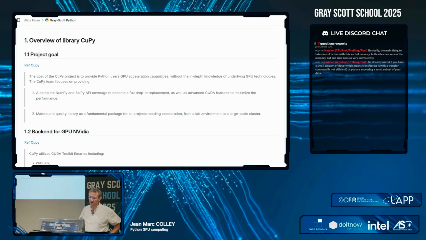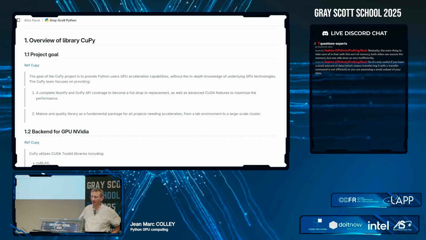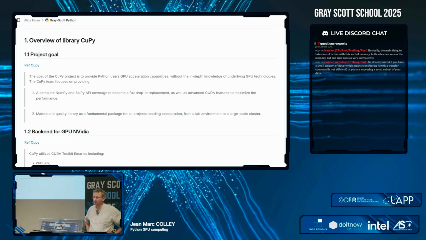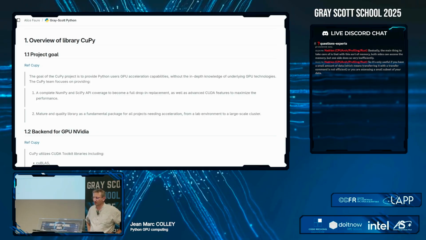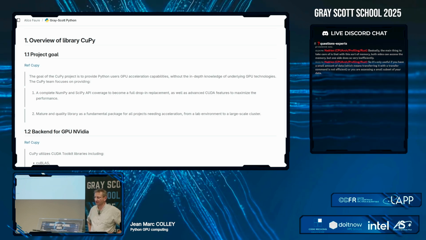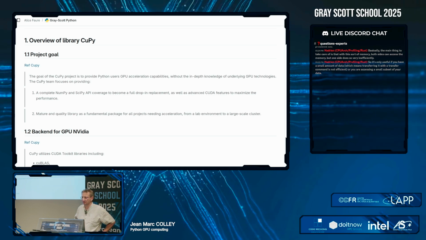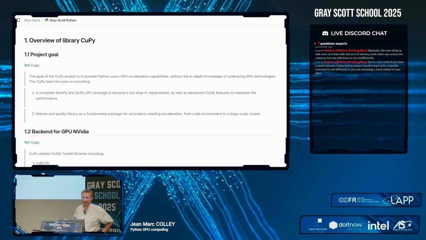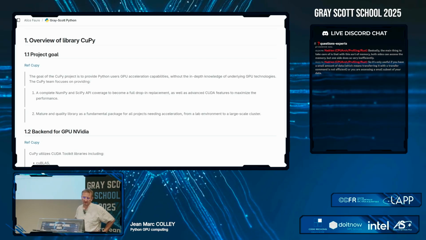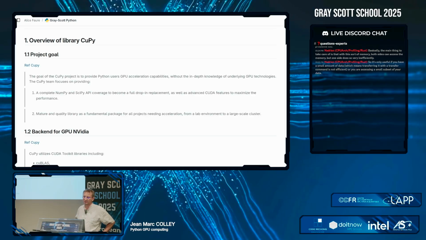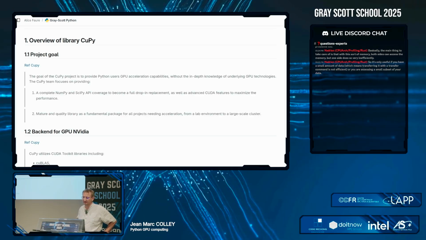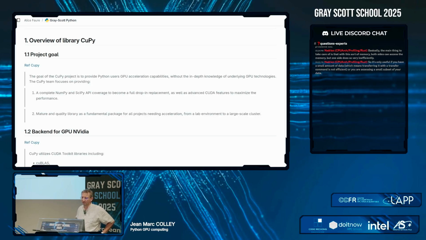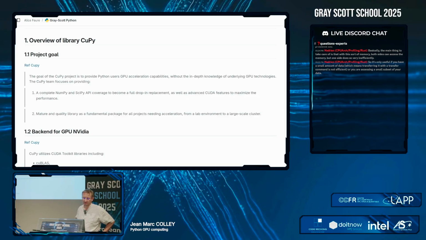The CuPy team focuses on providing complete NumPy and SciPy API coverage to become a full drop-in replacement, as well as advanced CUDA features to maximize performance. And it's a mature and quality library, a fundamental package for all projects in need of acceleration, from a lab environment to a large-scale cluster.